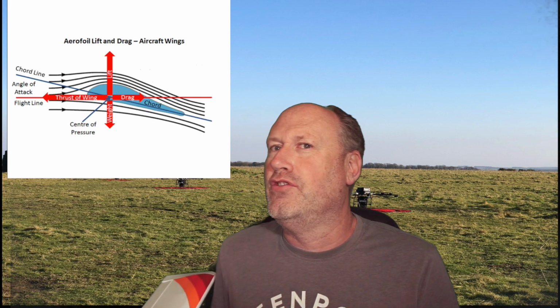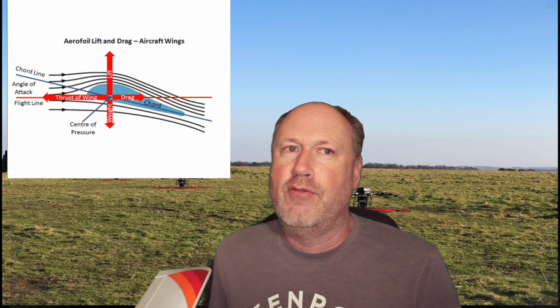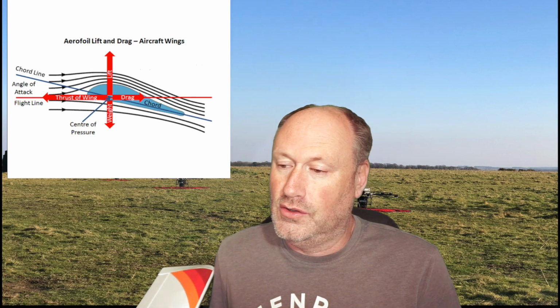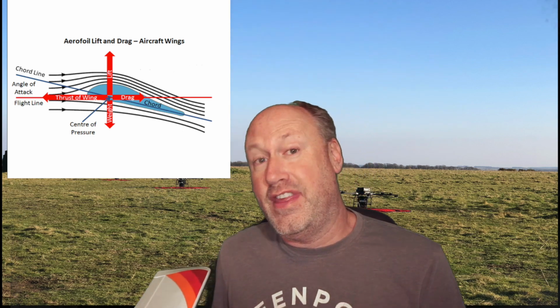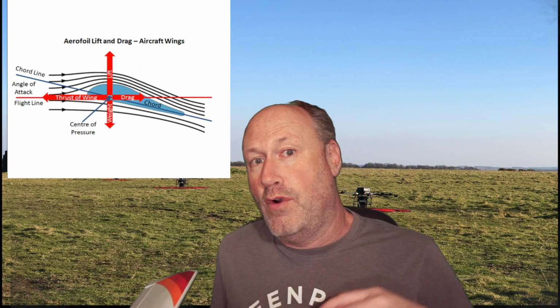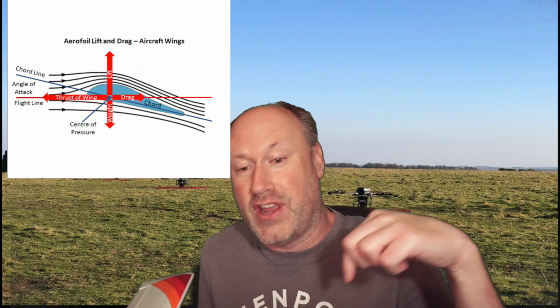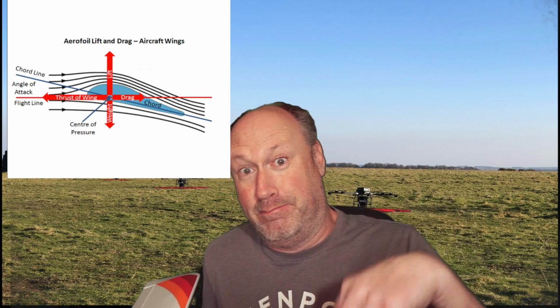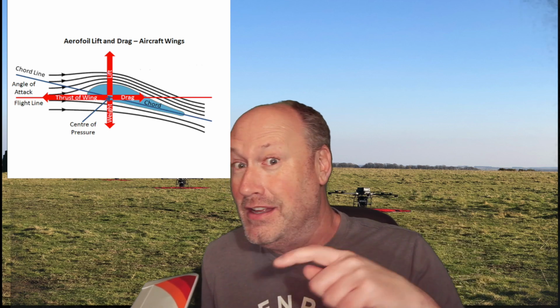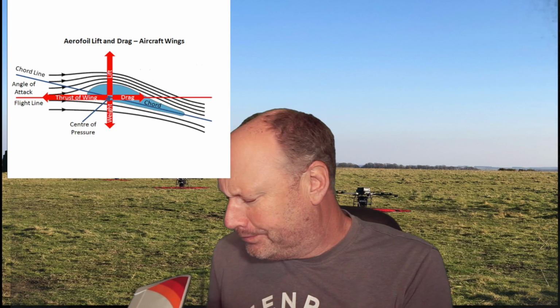Because it is a little bit more complicated than that, they'll probably tell you about Bernoulli's theory about airflow over a wing. I will put a link to a better web video of people talking about aircraft lift than me below in the description. Go there and watch a proper video on it, because it is very interesting.